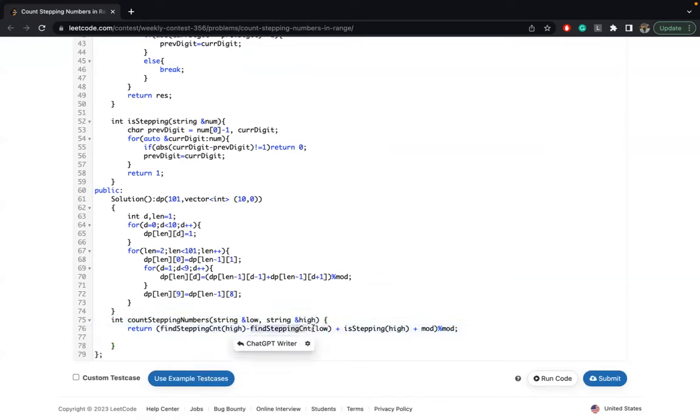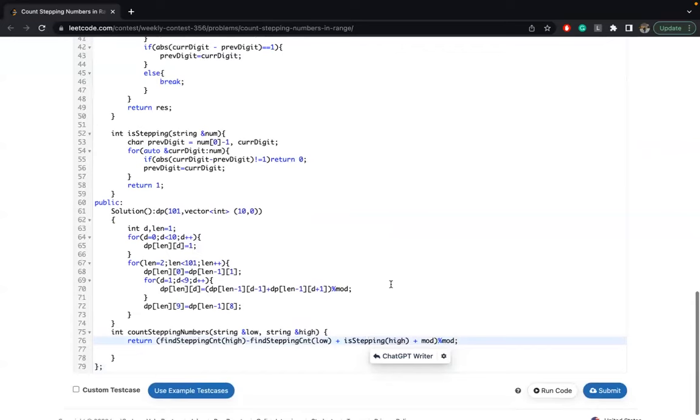Since this counting is not inclusive, it will not include high if high is also a stepping number. So finally I have included it if it is a stepping number, and then I have done modulus, right?